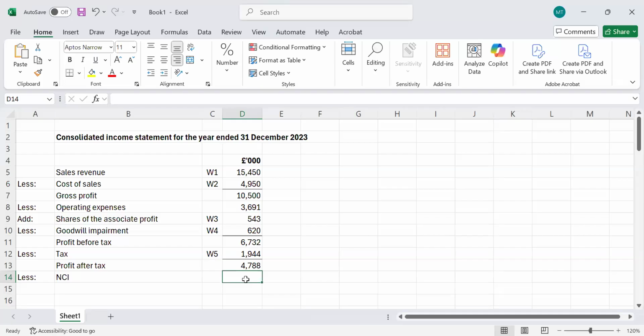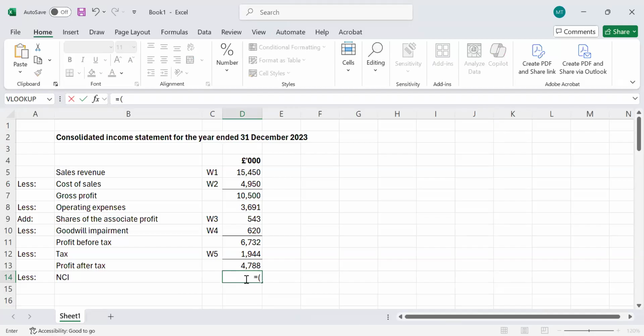So the simple process is take the subsidiary's profit, remove unrealized profit, and then NCI, non-controlling interest. If the parent holds 90% of the subsidiary, the non-controlling interest is the difference between 90% and the remaining 100. So 90% is controlled by the parent, so only 10% non-controlling interest is left.